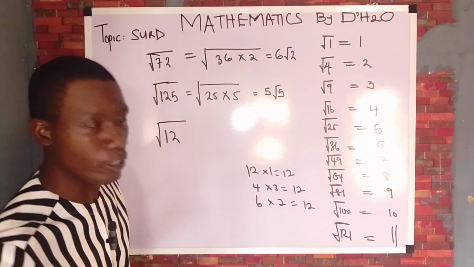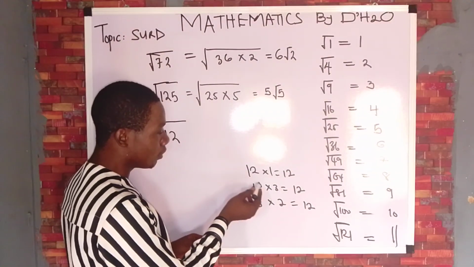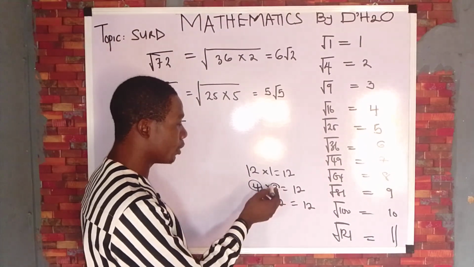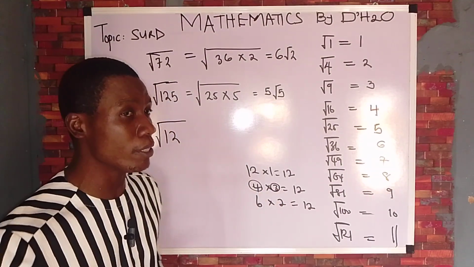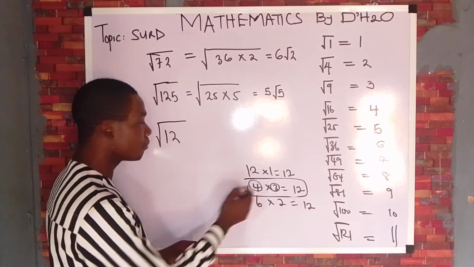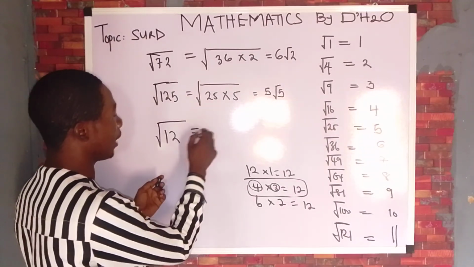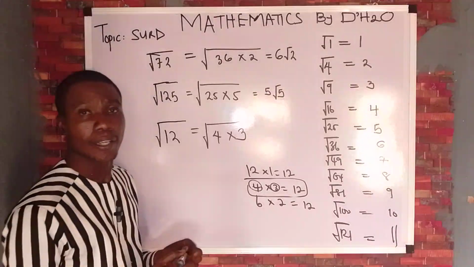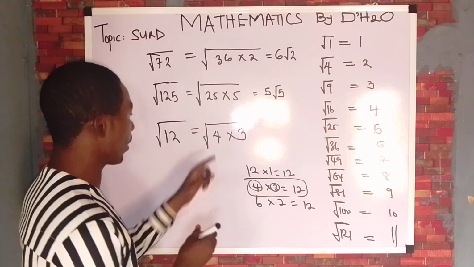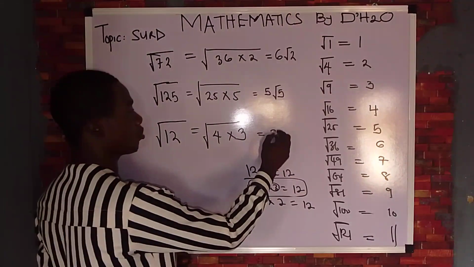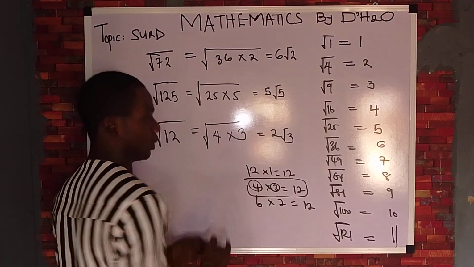The one that is comfortable is the one that has a number that you can determine the square root of exactly, multiplied with the one whose square root cannot be determined exactly. So that means we are taking this. So that means 12 shall be 4 times 3. If it is 4 times 3, the square root of 4 is 2, and that will give us 2 root 3.